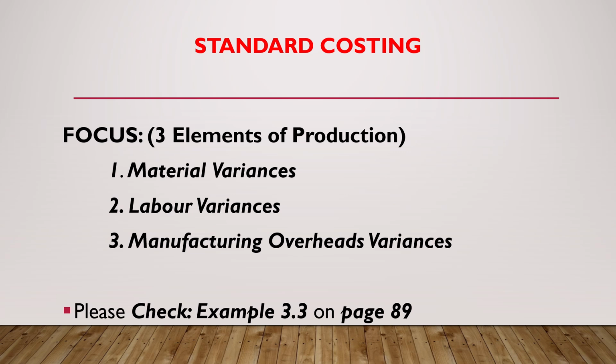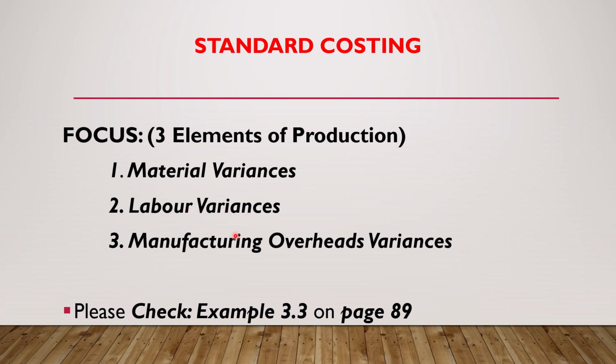So this standard costing, we are going to calculate on 3 elements of production. If you can remember the elements of production, which are material, labor, and manufacturing overheads. So we are going to do them step by step.